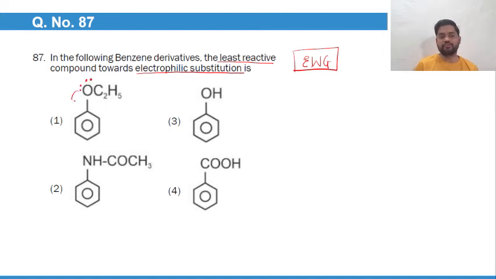Oxygen contains a lone pair, so it can donate and hence it is an electron donating group or electron releasing group. Again OH, oxygen, electron donating group. Nitrogen, electron donating group. Carbon, and that too carboxylic acid, is an electron withdrawing group and hence that will be the answer. For 87, option number 4 is the right answer.